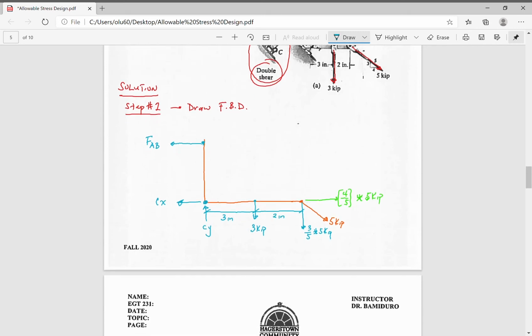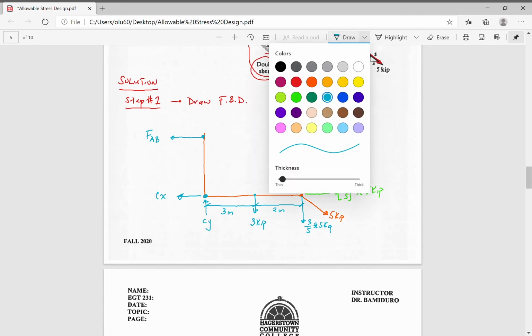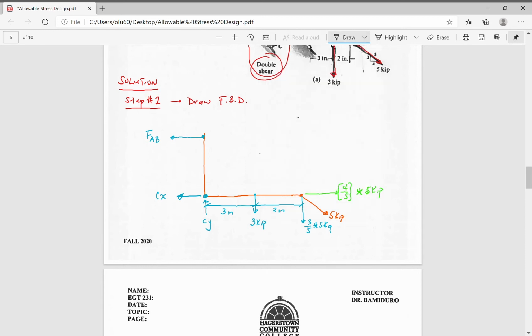And again, keep in mind that pin A is experiencing a single shear, while pin C is experiencing a double shear.